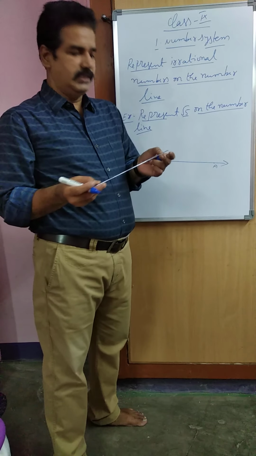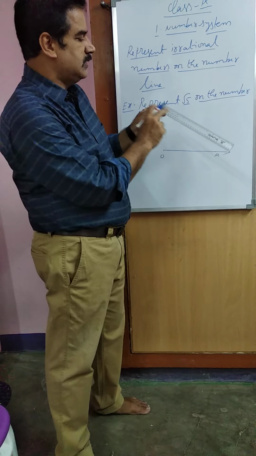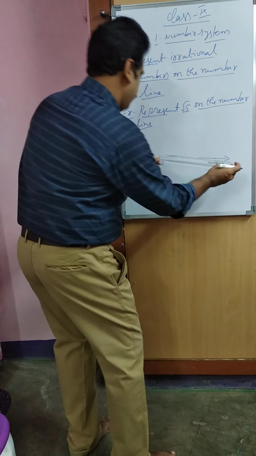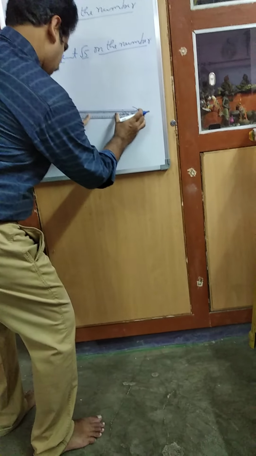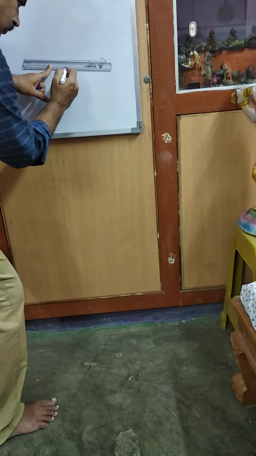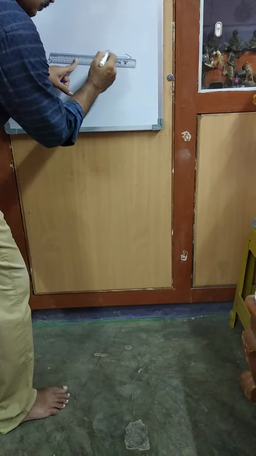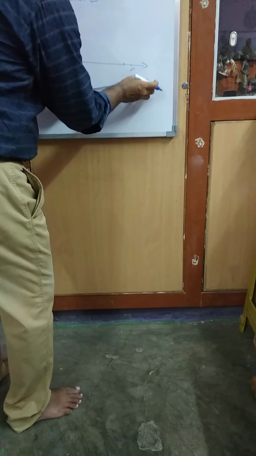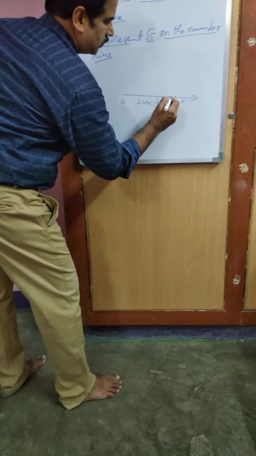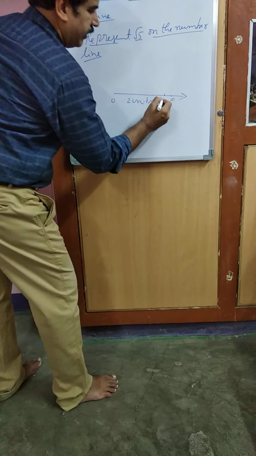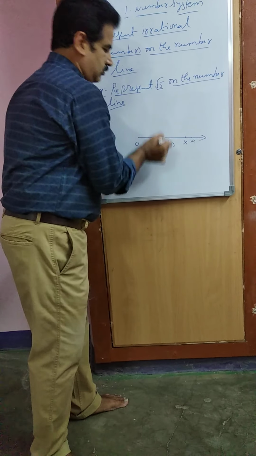One side centimeters will be there in the scale, another side inches. So take 2 inches, 2 units. Name it as X. First draw ray OA and take OX with 2 inches.